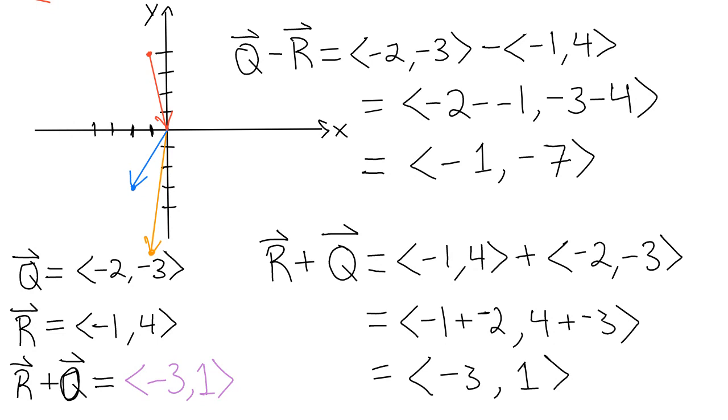So now if we're going to do Q minus R, that's the same thing as Q plus -R. So you go Q and then you add -R to it and you get that.